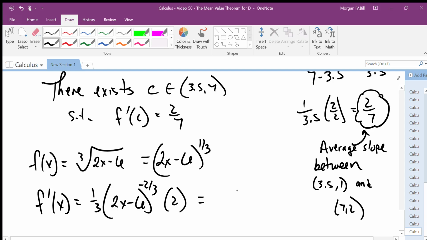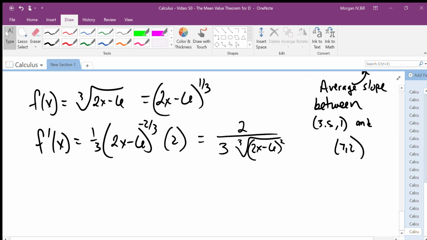That is 2 over 3 times the cubed root of 2x minus 6 squared, or leave it as 2x minus 6 to the 2/3 in the denominator. That's also fine, whichever way is easiest.